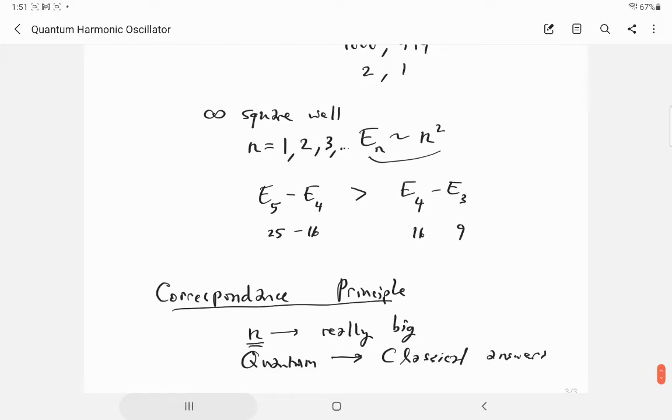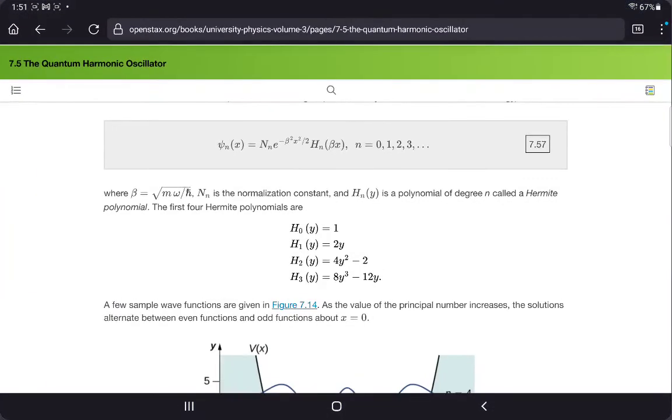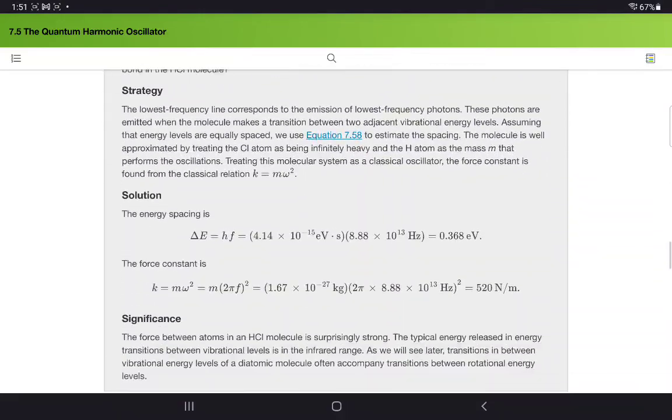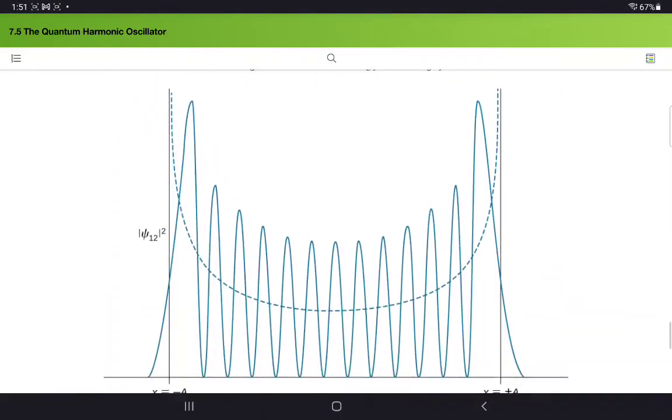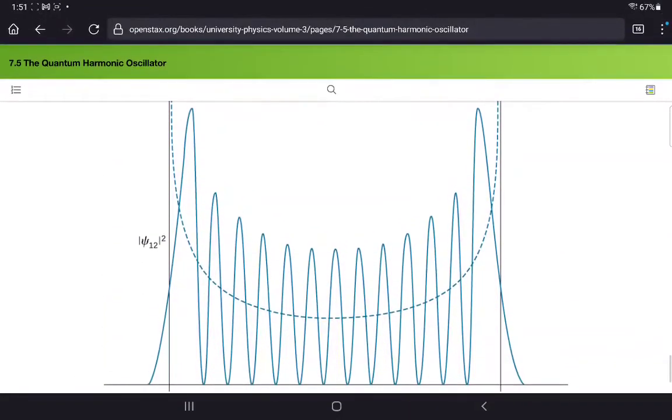I'm referring to the same textbook. The picture is this. You notice that it's the 12th state. The 12th state is the state with 12 bumps in it. Is that true? Oh no, it's actually that the 0th state has 1 bump.